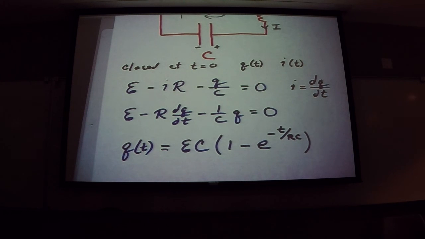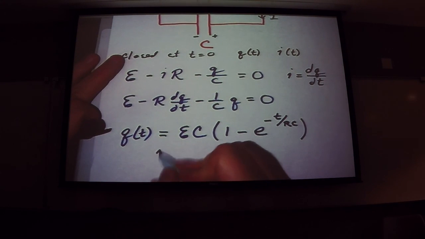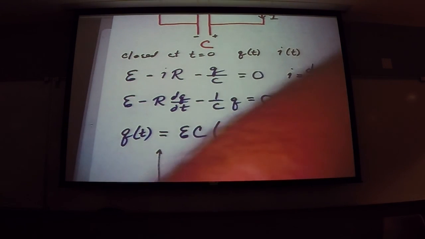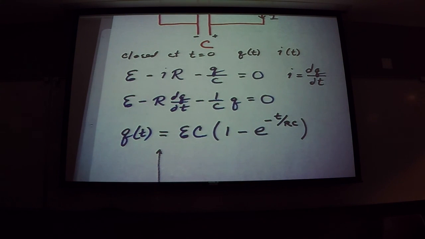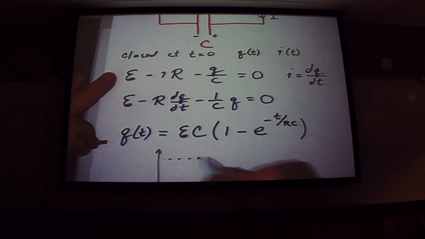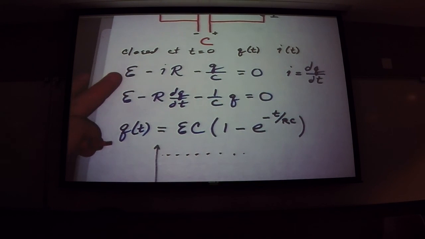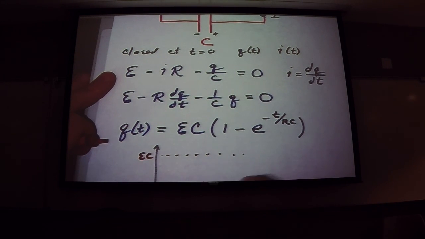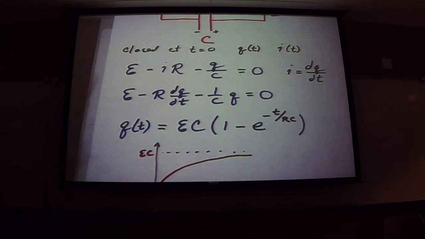All right, let's see what this looks like if I graph it. The maximum of this is E times C. Q starts out at 0, and it exponentially approaches that line as time goes on.